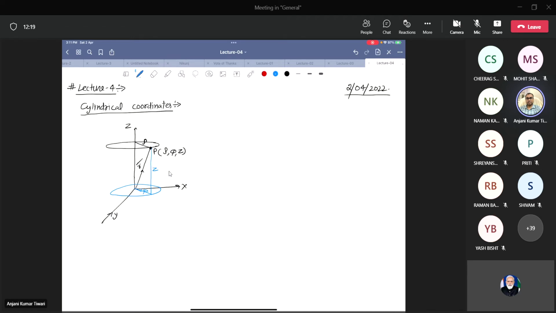So this is the cylindrical coordinate. Now we have to again look for the transformation equations. Here the coordinates are rho, phi, and z, and these are our u1, u2, u3.